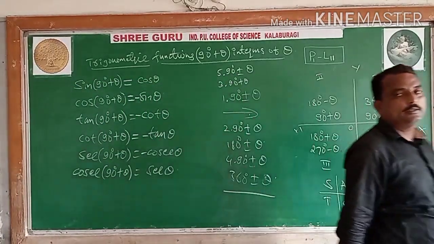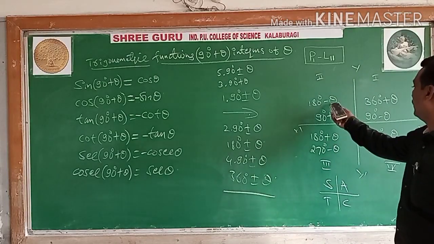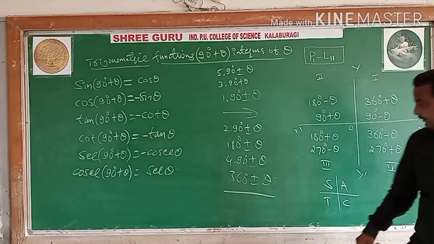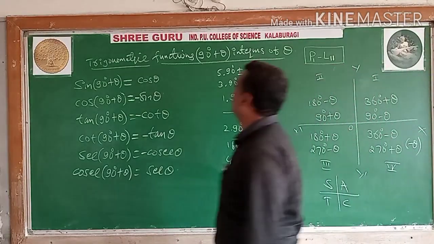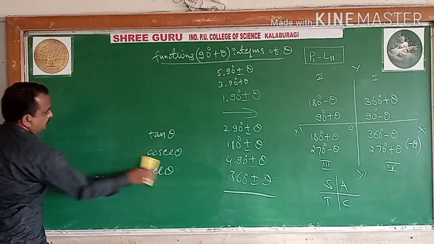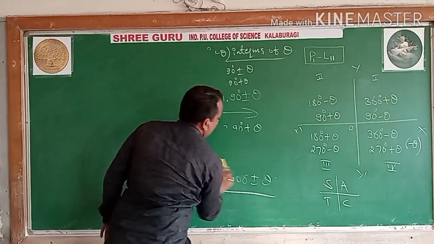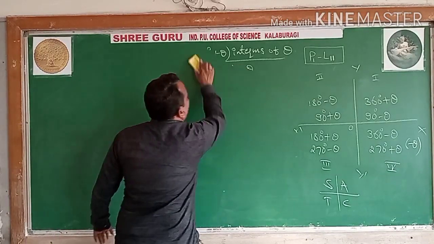Similarly, we are writing 180 minus theta, 180 plus theta. Similarly, you write the remaining allied angles also. Remember, the trigonometric functions change when the angles are odd multiples.